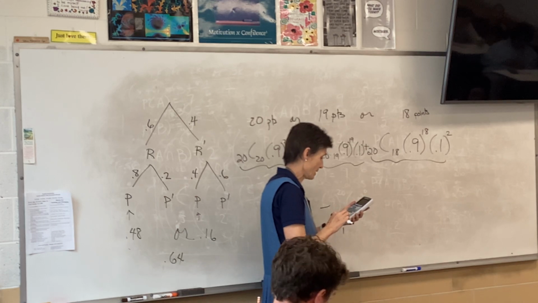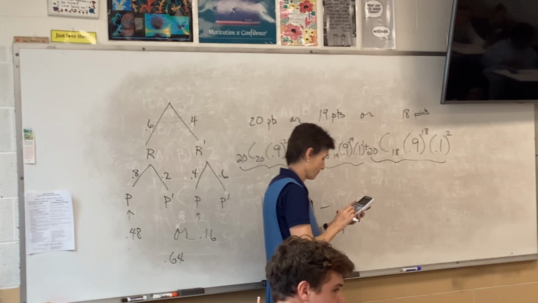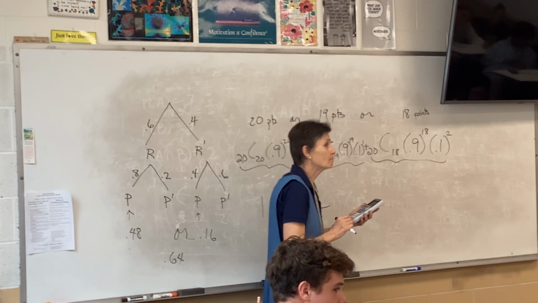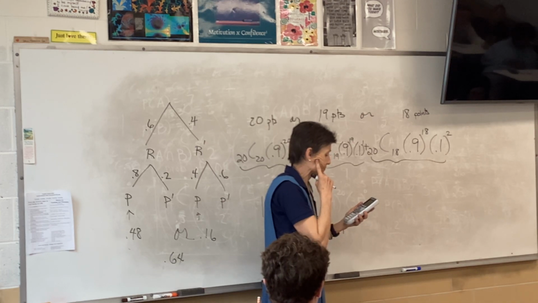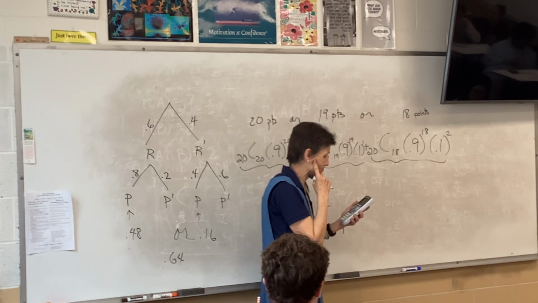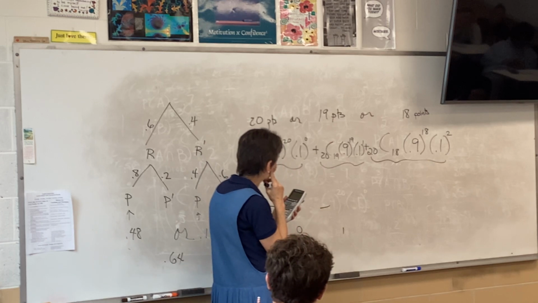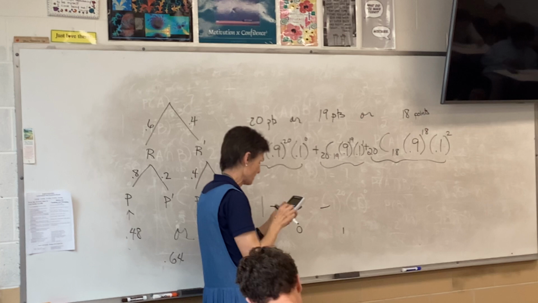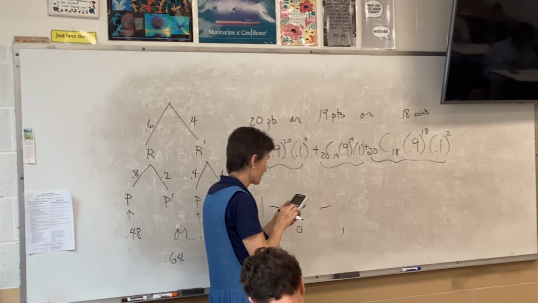What'd you get? 0.6767. That's what I got. What did you get? I got 0.6967. Oh, wait, I made a mistake. Let me fix something else, if I see a mistake. I can fix it.